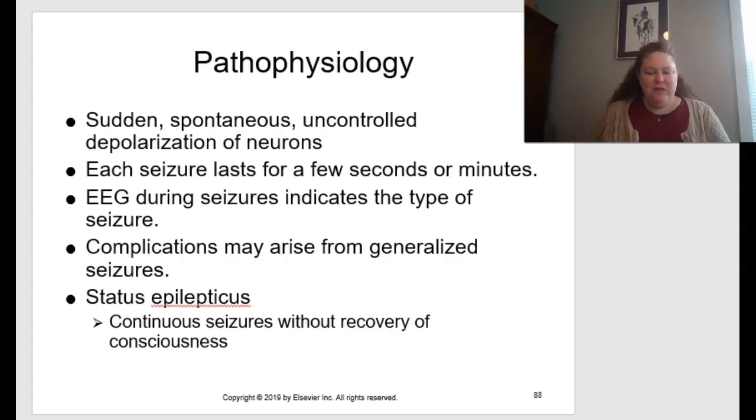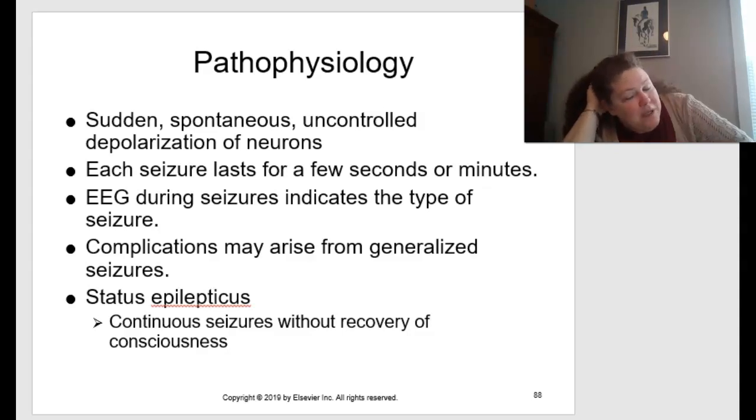So, the pathophysiology of seizure disorders is a sudden, spontaneous, uncontrolled depolarization of the neurons, and each seizure can last for a few seconds or for minutes. Your seizure disorders in your book is on page 367.